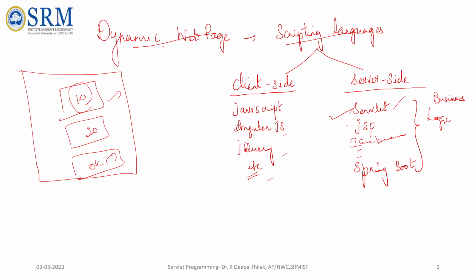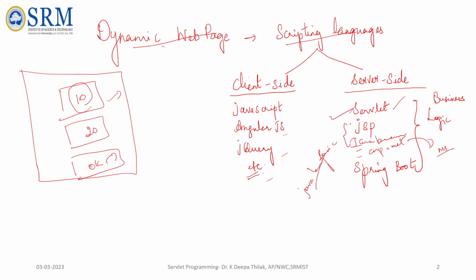These three are the basic server side components implemented using the Java language, and there are many others. If you take Visual Studio, VB.NET, ASP.NET, these are Microsoft products, whereas this is the Sun Microsystems product.